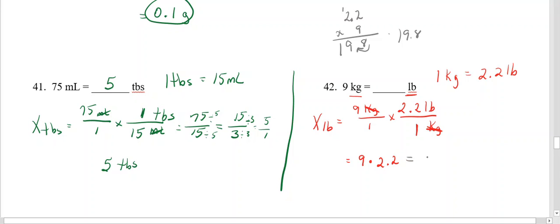So 9 times 2.2 gives me 19.8 pounds. And if we double 9, we get 18. So we're doing a little more than doubling the 9. So 19.8 is just a little more than 2 times 9. So I know that that's a reasonable answer.